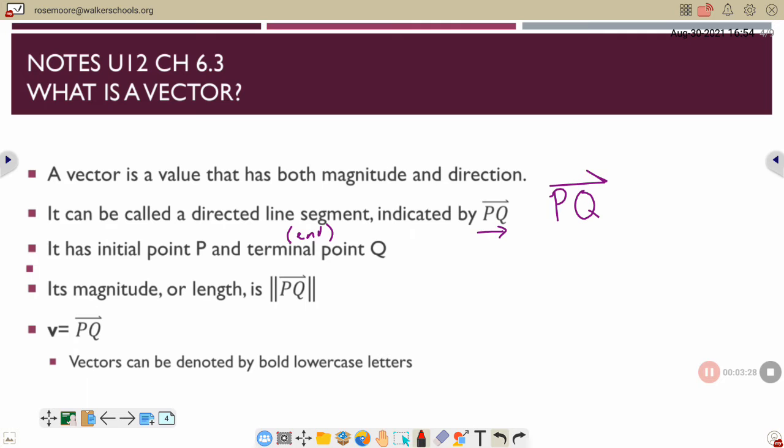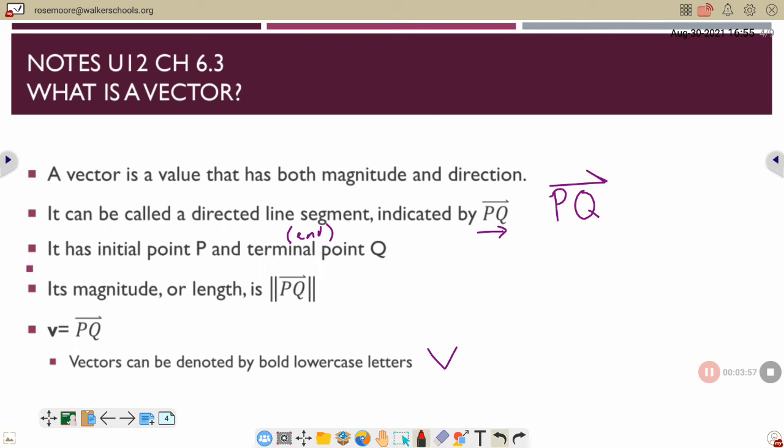There's a special way to write its magnitude or length, which we'll be finding tomorrow, and that's PQ, and we put it in 2 bars around it. Another important thing is sometimes, because people are lazy, we have a different way of writing vectors, which is bold lowercase letters. So I can say bold V equals PQ. I'm aware that when we write in pencil or pen, it's a little hard to make it bold.